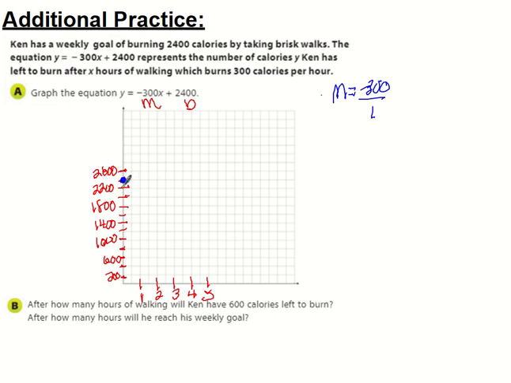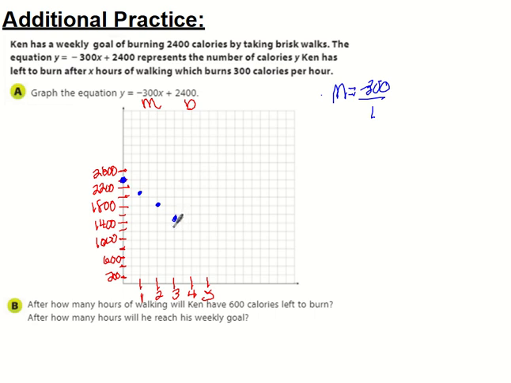So 200 and then 300 was halfway, and put 1. 100, 200, 300, and 2. 100, 200, 300, and 3. So they're ending up halfway because we did 200s here, but we're jumping by 300s.